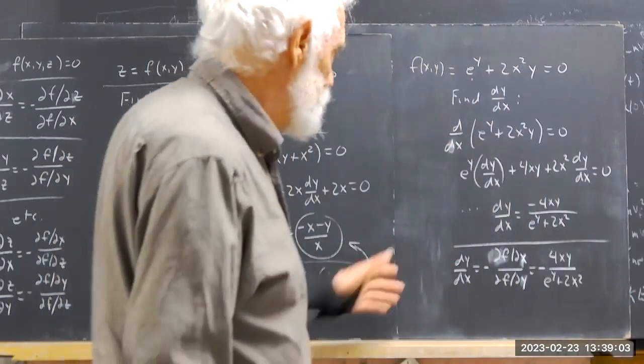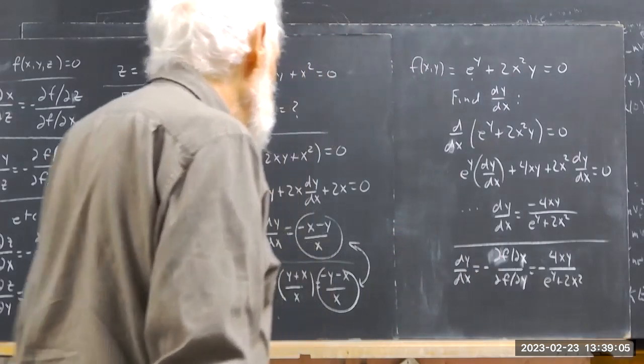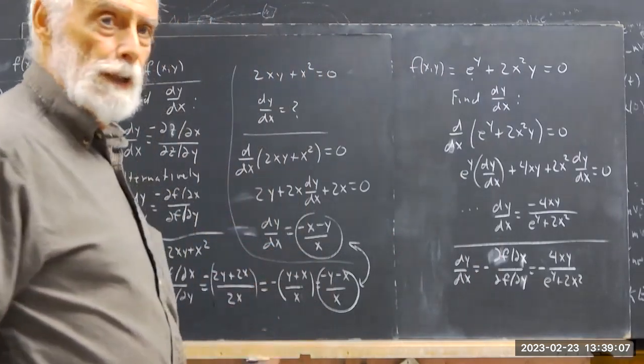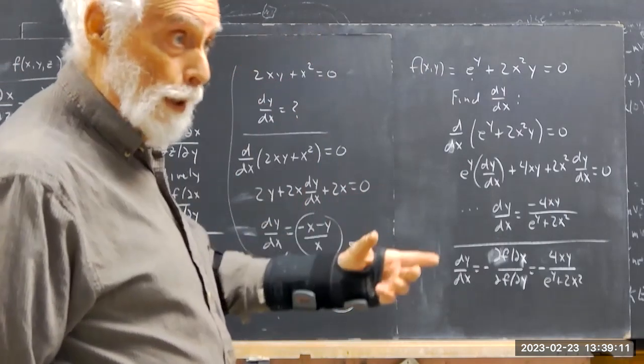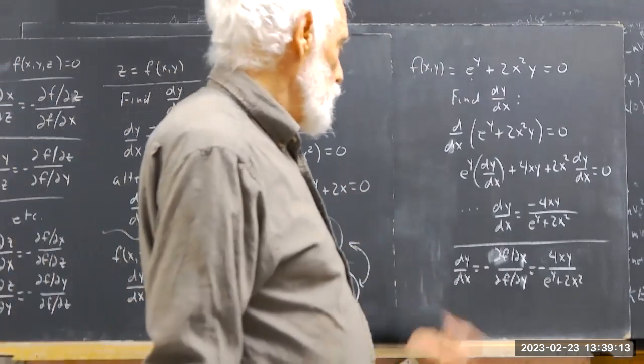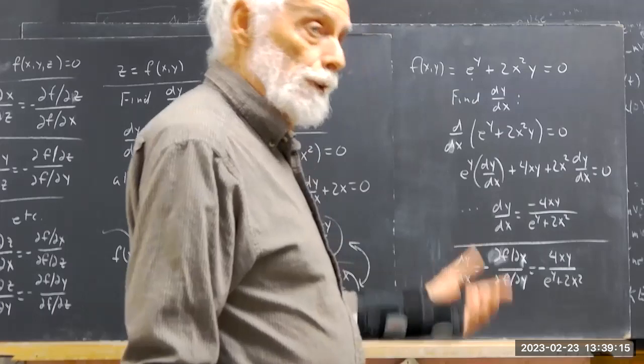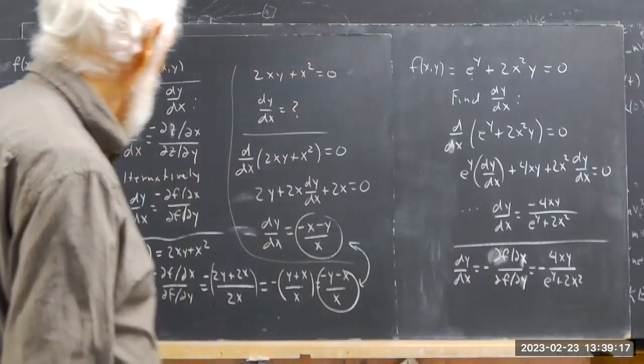Okay, these are the same result. And if you wanted the partial f with respect to x with respect to y, if you wanted to regard x as a function of y, you just reverse these and you get the same. Okay.